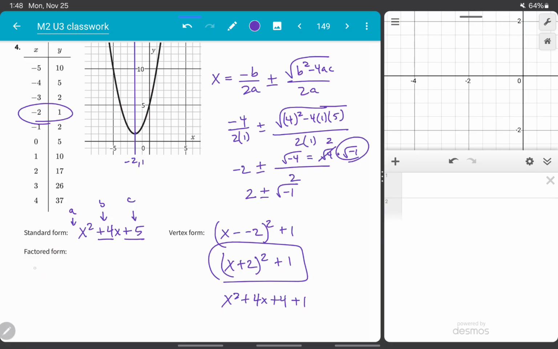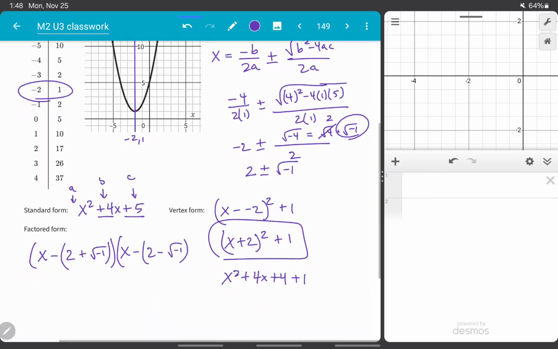So that means my factored form is going to be x minus -2 plus square root of -1, x minus -2 minus square root of -1, and then I'll simplify it.